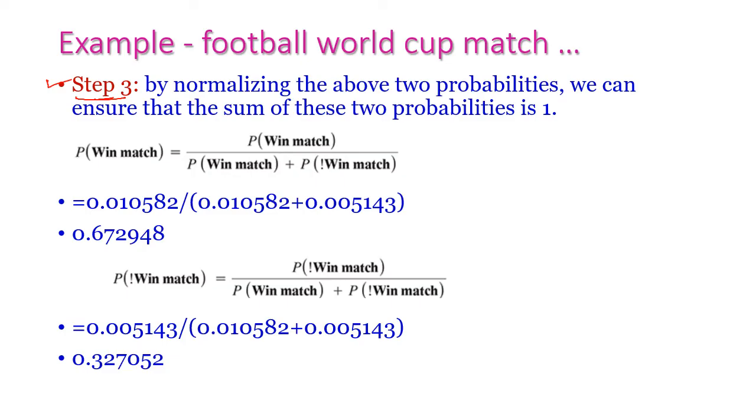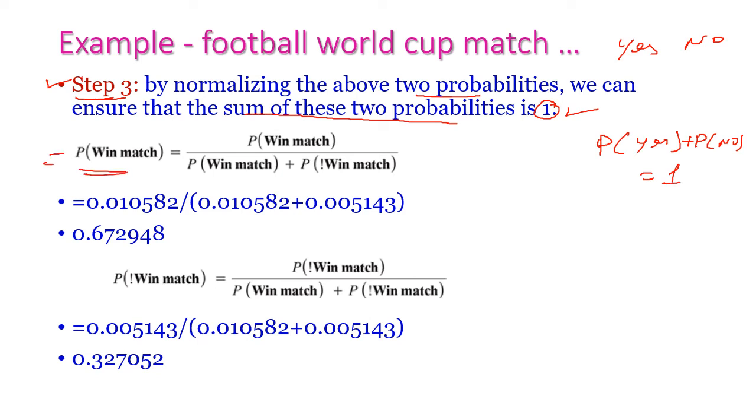In step 3, normalize the above two probabilities, that is yes probability and no probability. We can ensure the sum of these two probabilities is 1. That is, probability of yes plus probability of no is equal to 1. So probability of win match is equal to probability of win match divided by probability of win match plus probability of not win match.